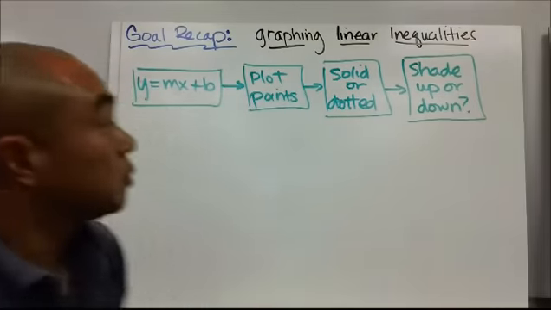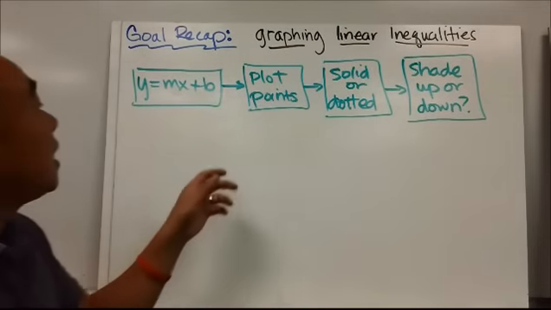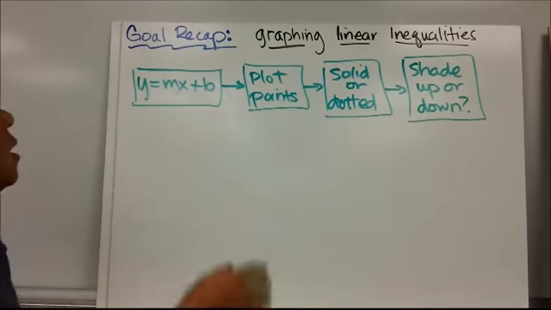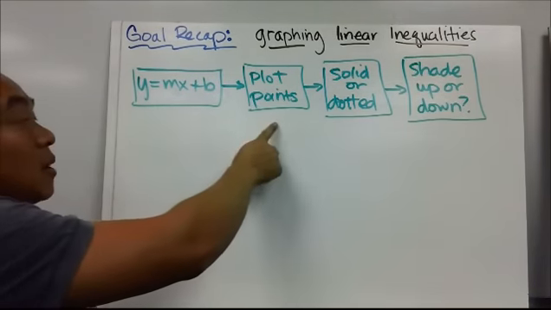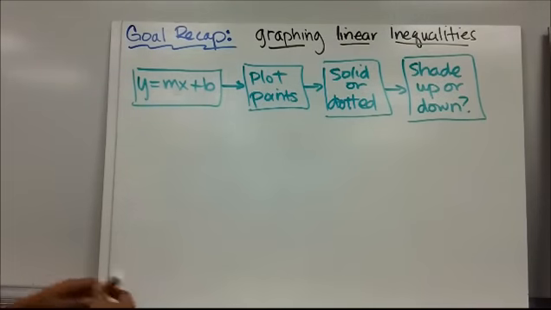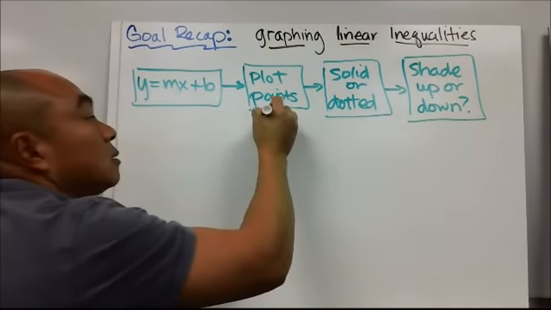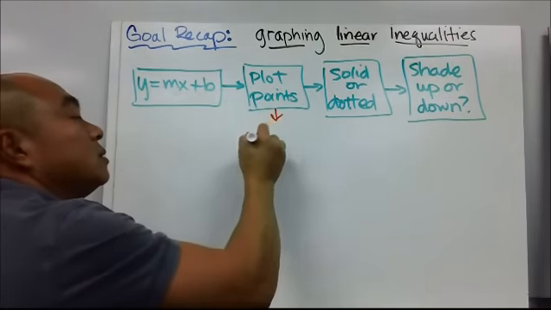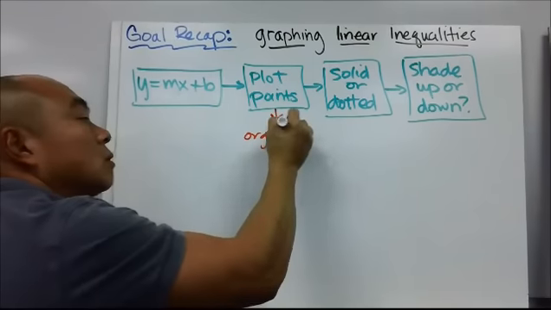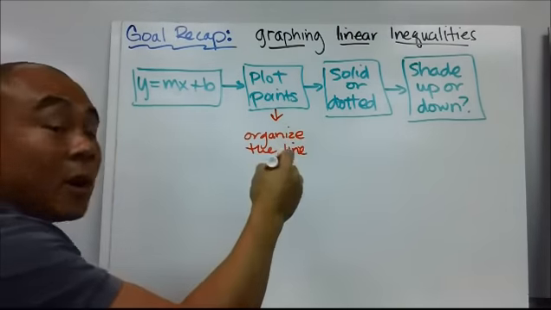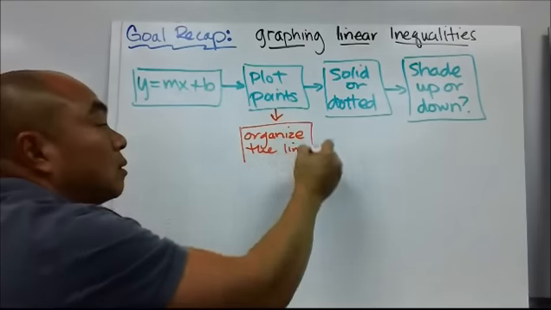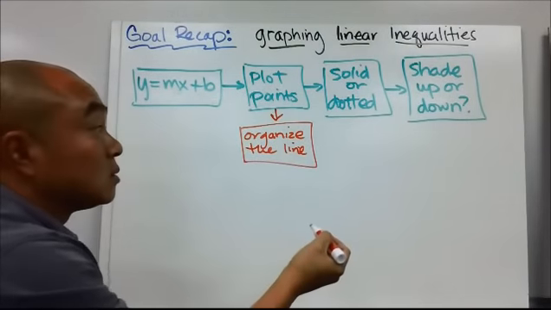Alright, let's go ahead and do a real quick recap. And the recap is, first of all, we're going to make sure that it is in the slope-intercept format, and then we're going to plot our points. Don't forget, we want to organize the line by circling the y-intercept and creating the movements of the slope.